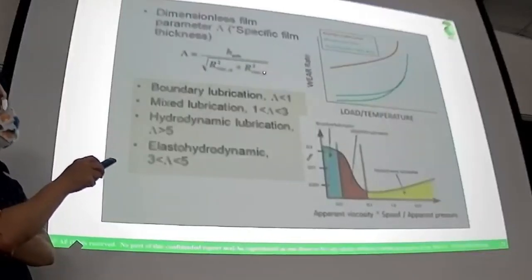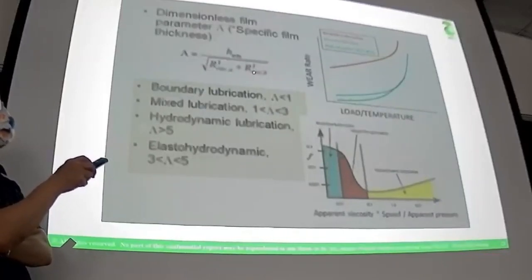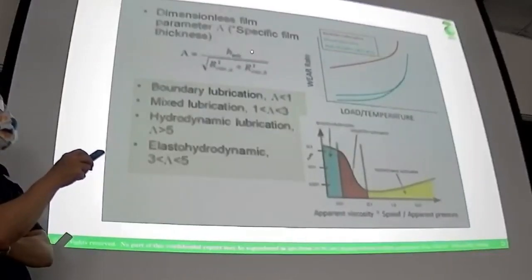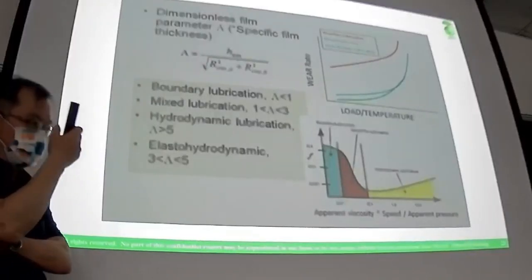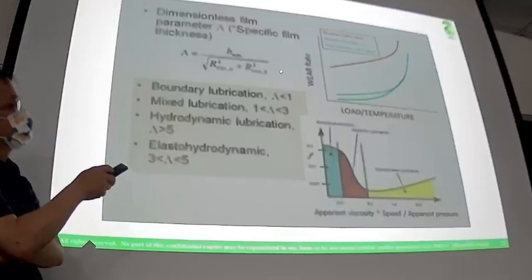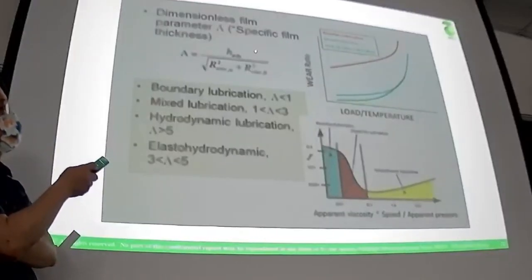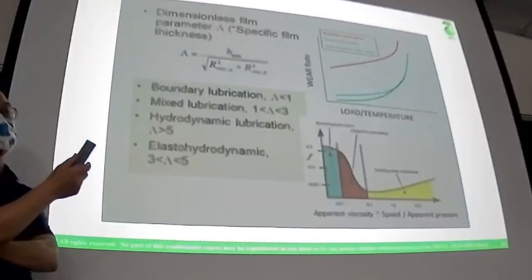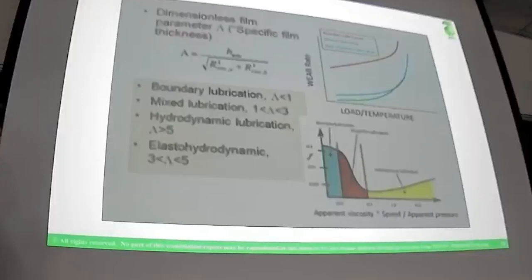This is the root mean square surface roughness for body 2. So the dimension of the film thickness is length, maybe micrometer, and the surface roughness is in micrometer. So when you divide these two, it's a dimensionless parameter. So this is a dimensionless film thickness parameter, and we call it specific film thickness.